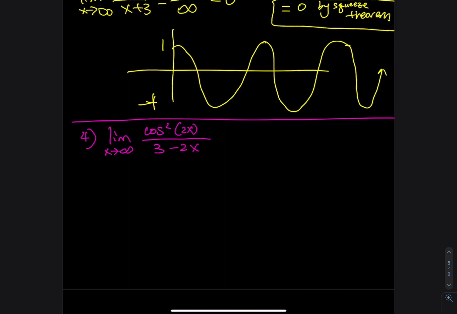When you square a cosine, what happens? When you square a function, there are no more pieces under the x-axis, because everything under the x-axis has negative y.